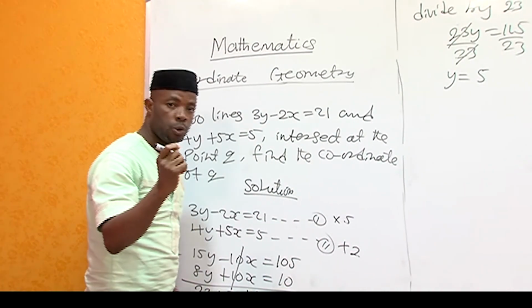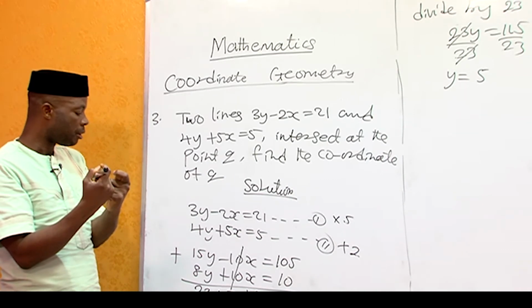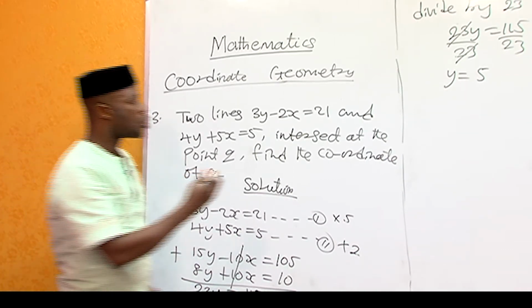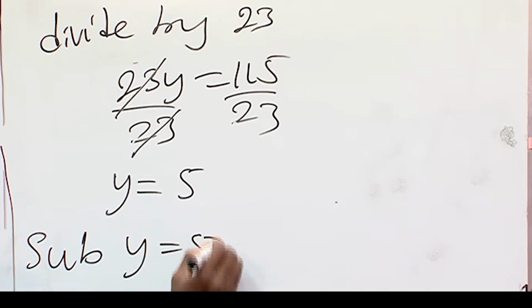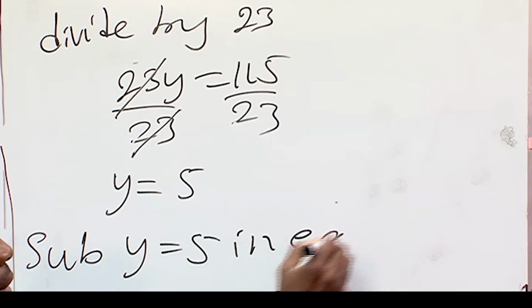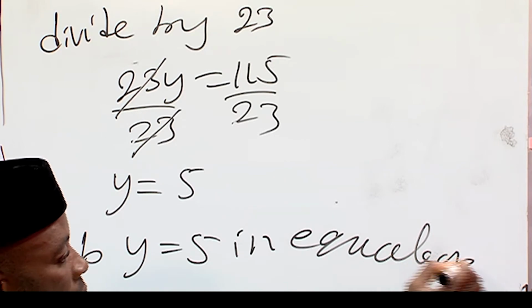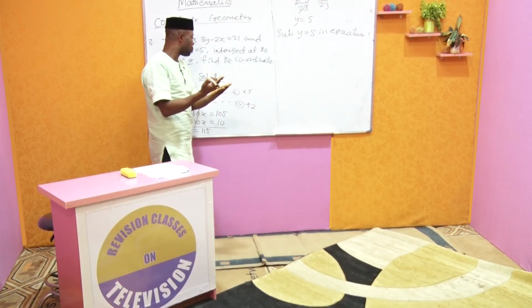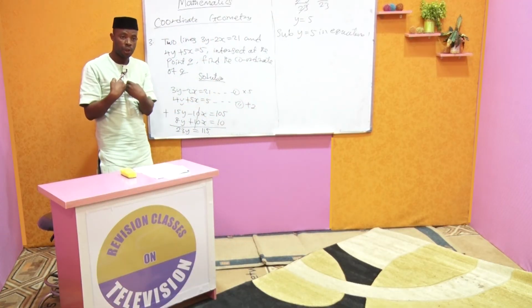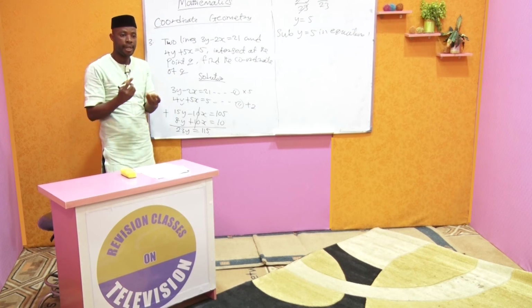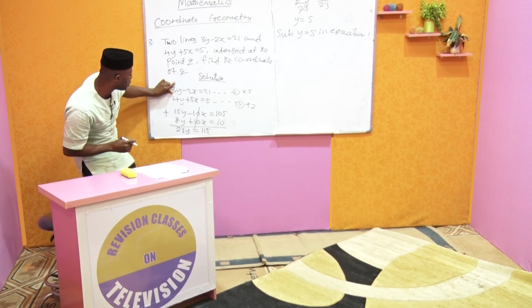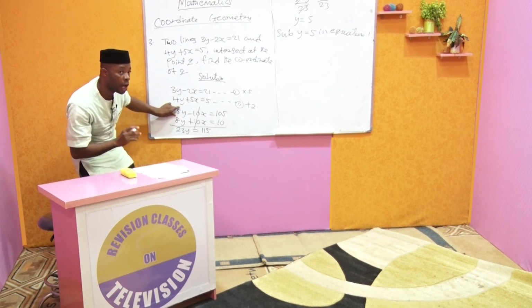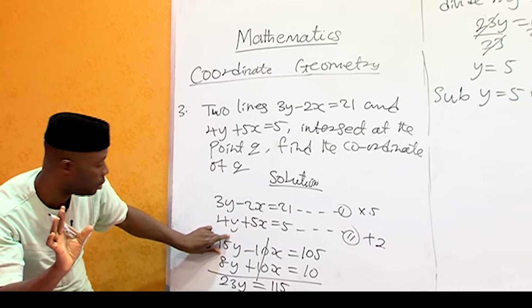I have to substitute, because this is a simultaneous equation. Substitute y equals 5 in equation 1. You can substitute in equation 1, or I can substitute in equation 2. We get the same answer. Equation 1 says, if you like, use this first one or this. They are all equation 1.